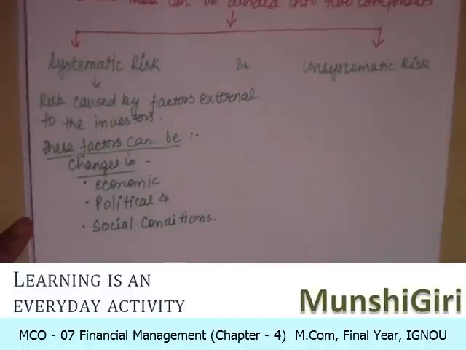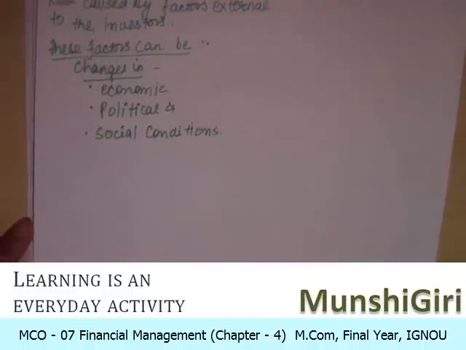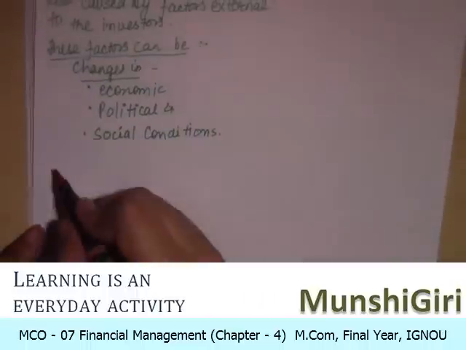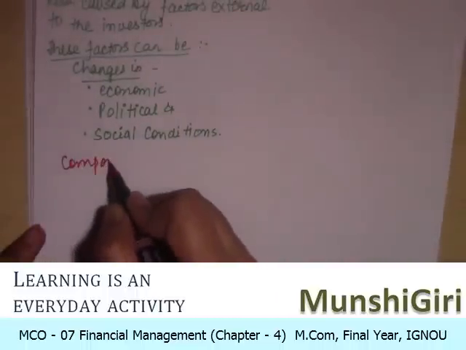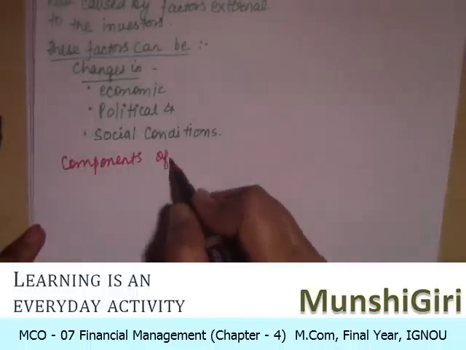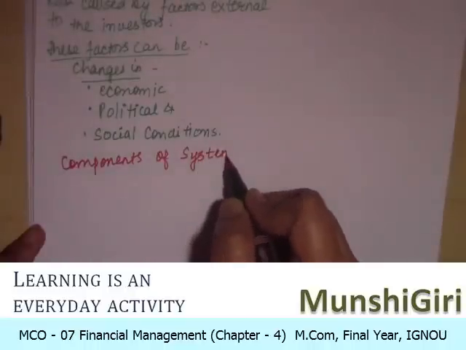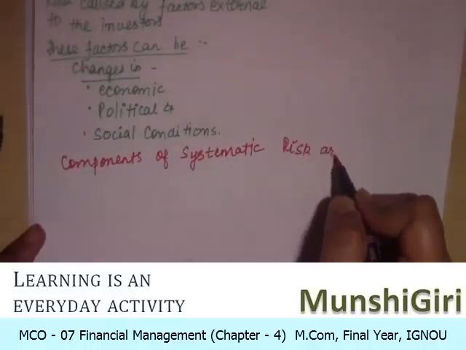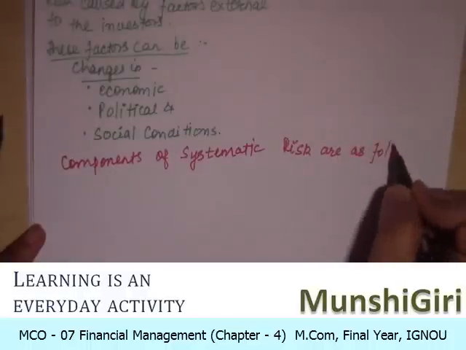Now, components of systematic risk are as follows.